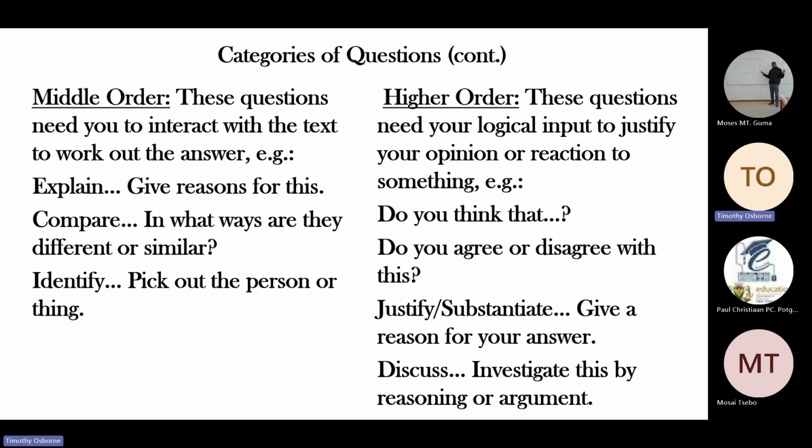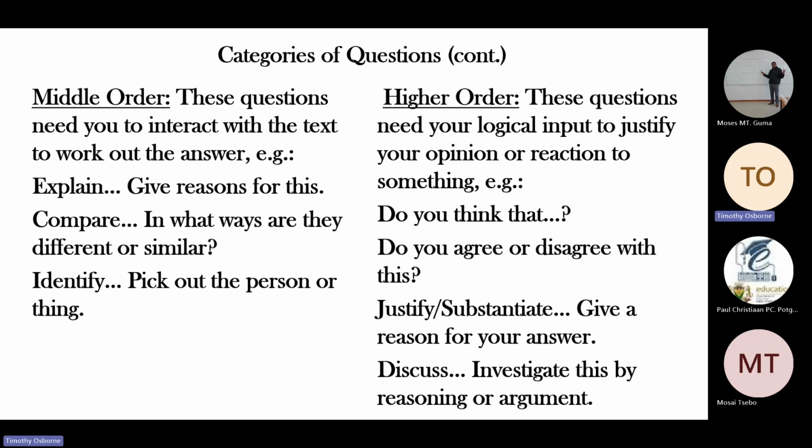All right, then we go to higher order. Now, here, these ones require you to create something to add to the question for your answer. So it says here, they need your logical input to justify your opinion or your reaction to something. And here are a couple of examples of these. Do you think that Tabu's action was justified in the circumstances?